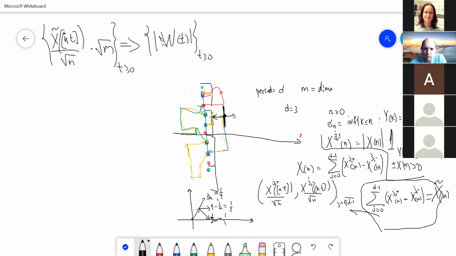I will not prove this result, but it seems to me that this is some mathematical folklore. However, this result follows from our papers with Alexander Iksanov and Yuri Prihodko, and the proof is not difficult.